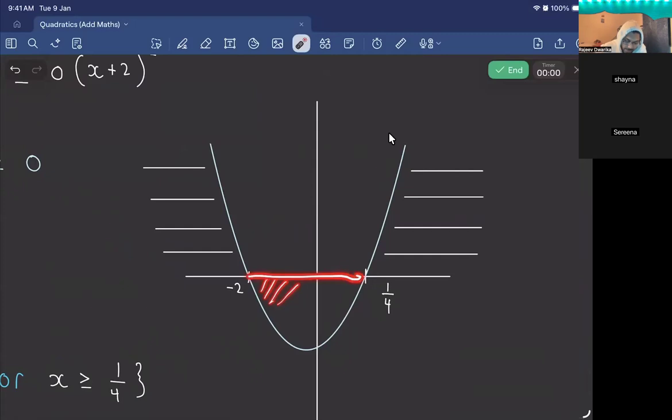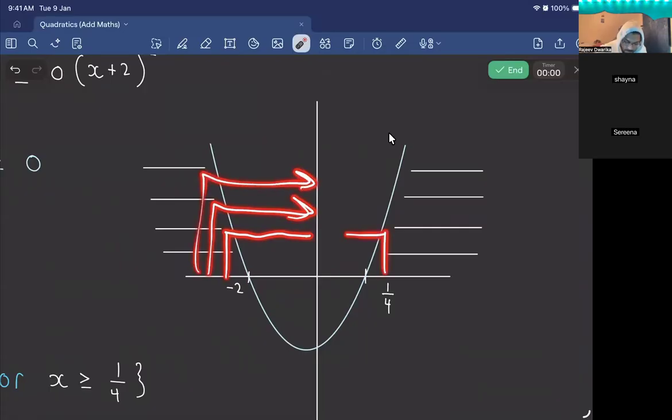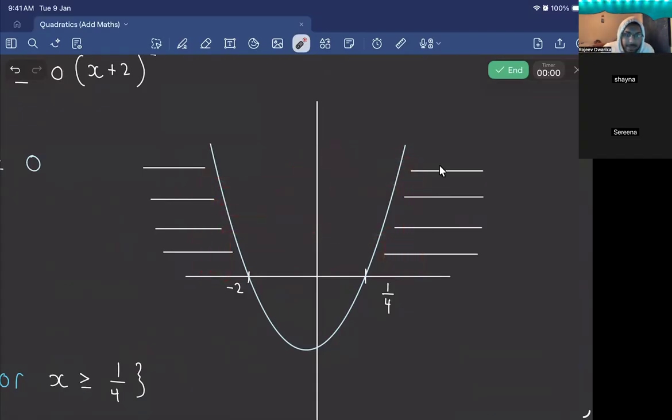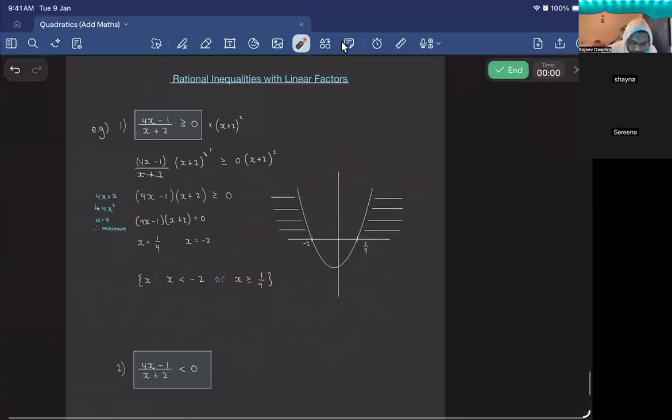If I look at the values for x in between minus 2 and a quarter, are those values going to give me a positive value? Yes, sir. What if I take a value that's on the outside? It will be positive. Exactly.